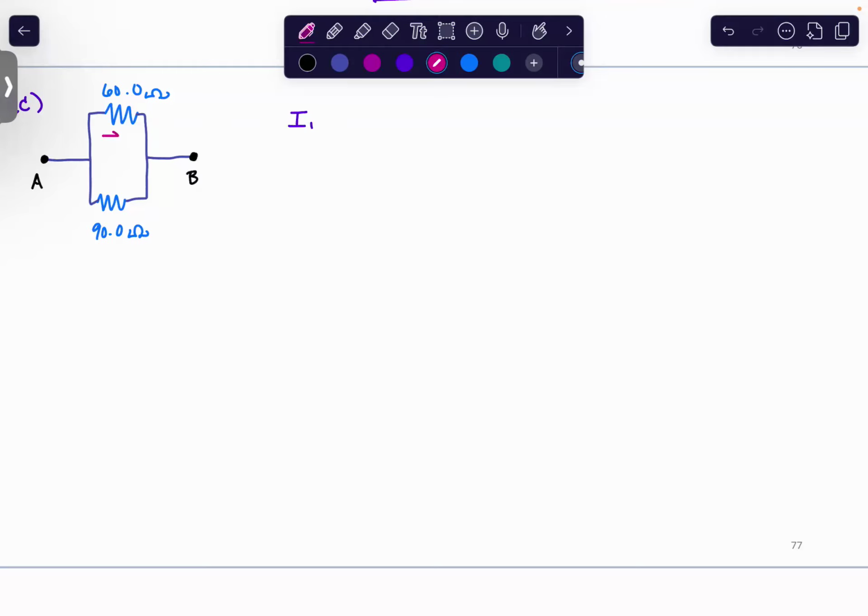So if I1 is here, it's going to be delta V divided by 60. So then our delta V, which will give us 0.678 amps. I2.